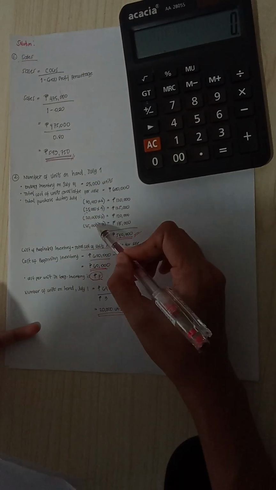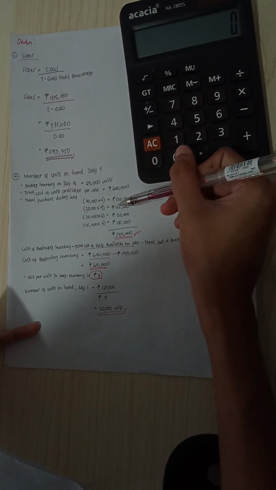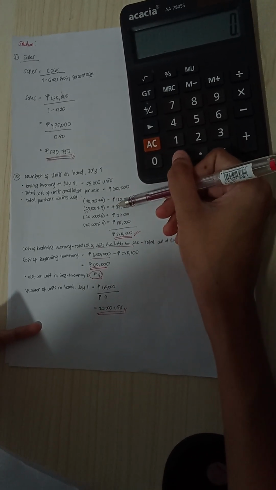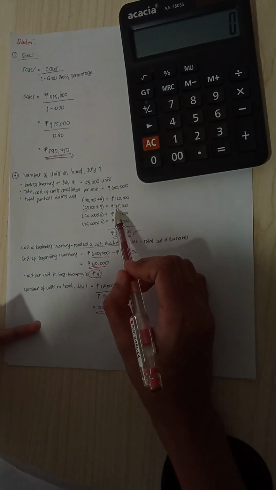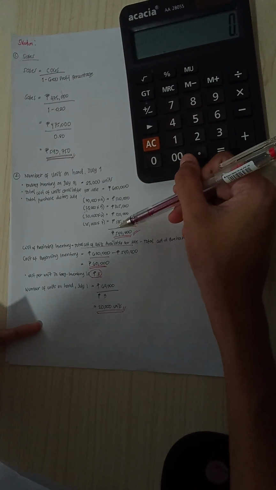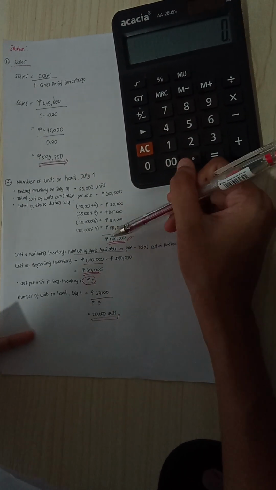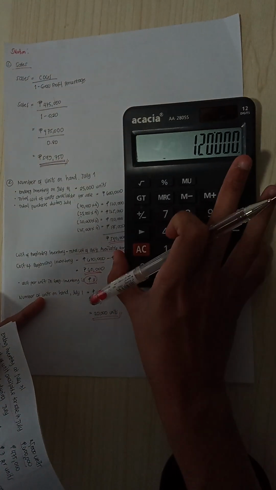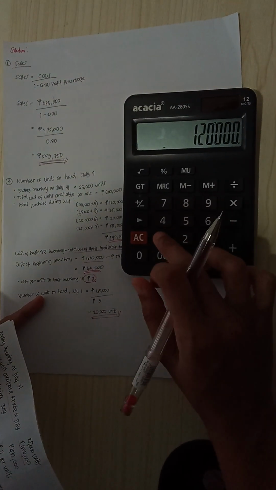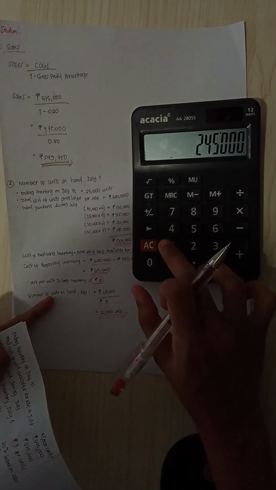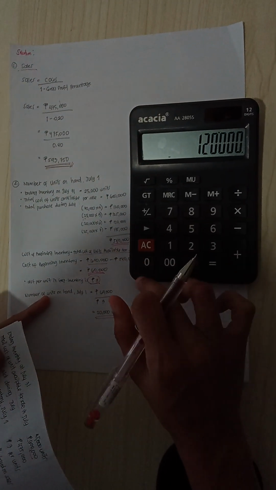And so on, we multiply the same way, then come up with the answers. And then we add them all. So 120,000 plus 125 plus 120.